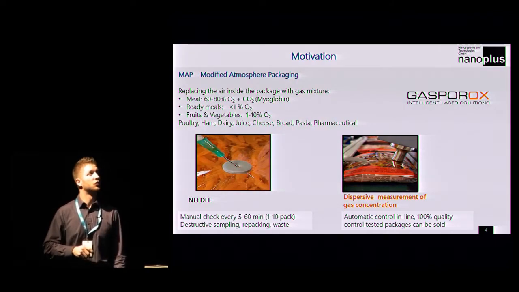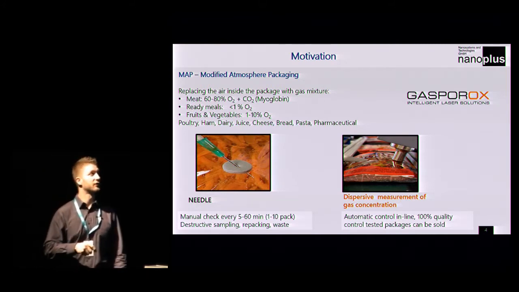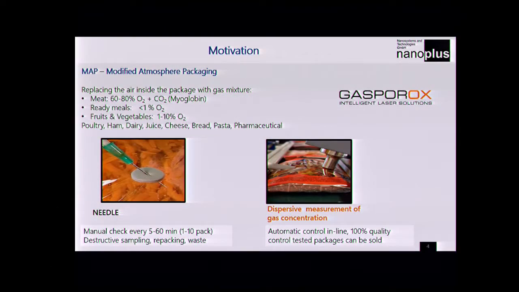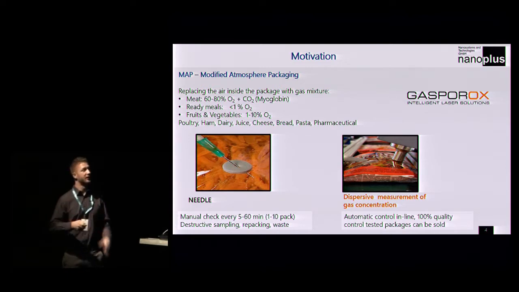So just to give you 2 applications what tunable laser absorption spectroscopy is used for. The first one is MAP. It's modified atmosphere packaging, and if you package food, you want to have it in a certain atmosphere. For example, if you have meat, there's a protein called myoglobin, and it's changing its color depending on the content of oxygen that you put in there.